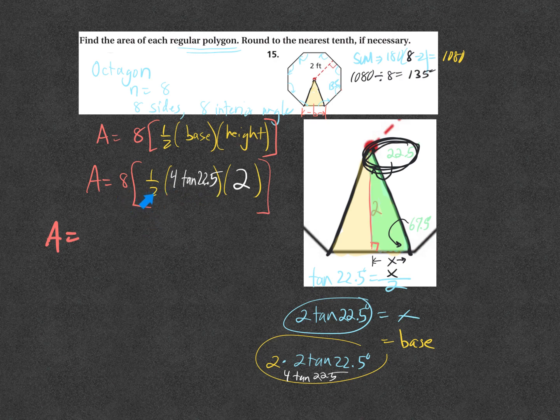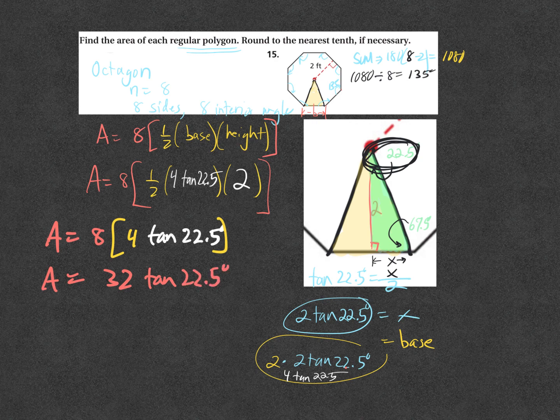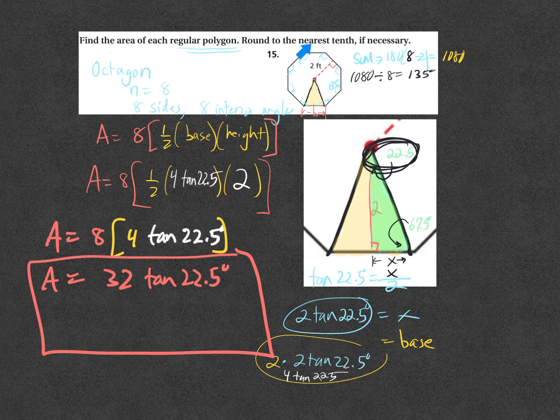So let's see, 1/2 times 4 is 2, and then 2 times this 2 is 4, and 4 times 8 is 32. So there's the exact answer: 32 tangent of 22.5 degrees. And if we round it to the nearest tenth, then we'd enter this into our calculator and give an approximate answer. The area is approximately 13.3 square feet.